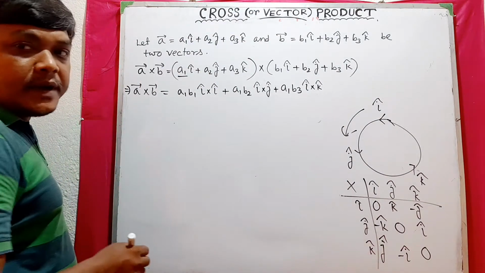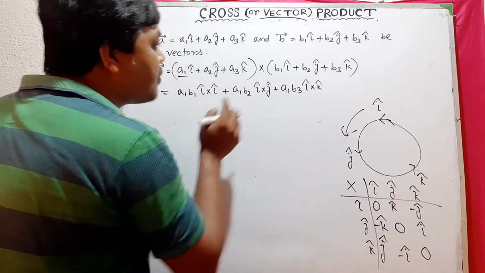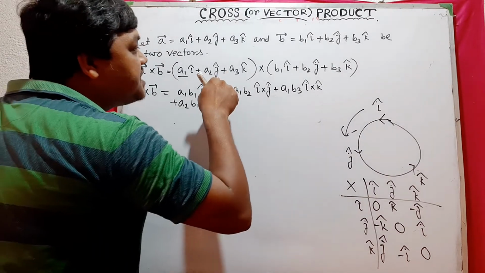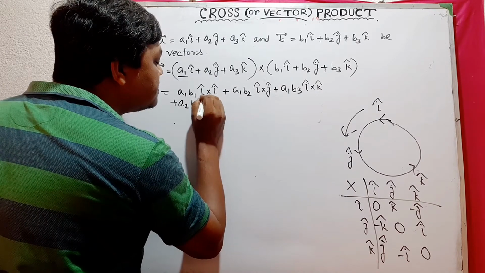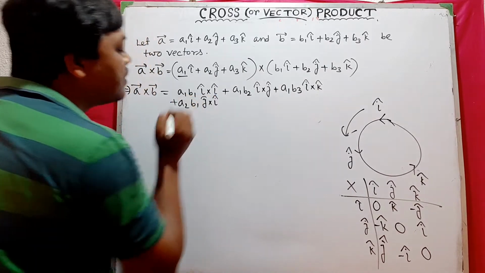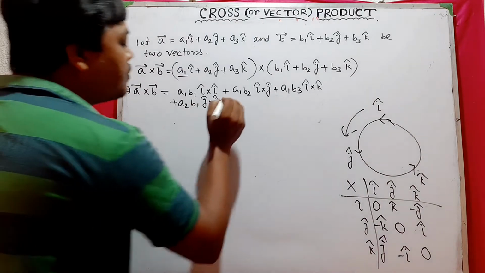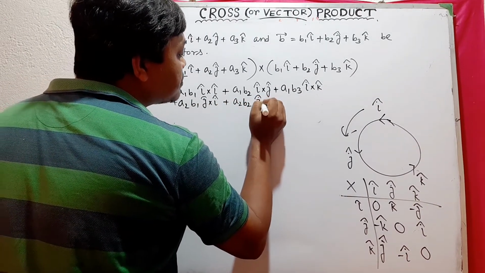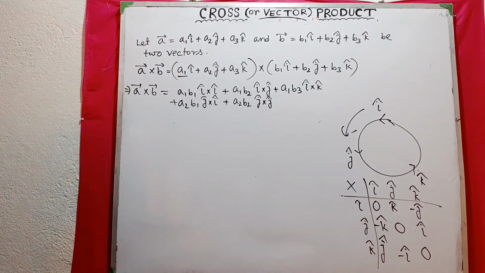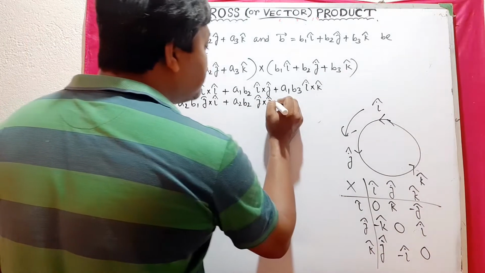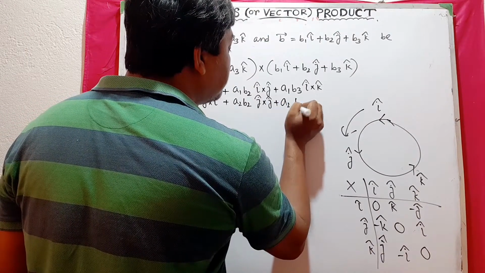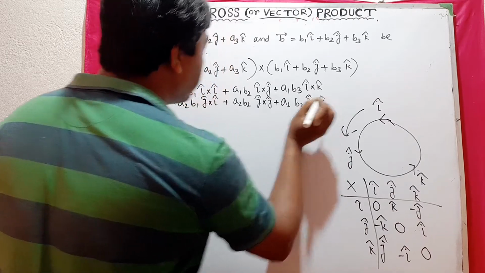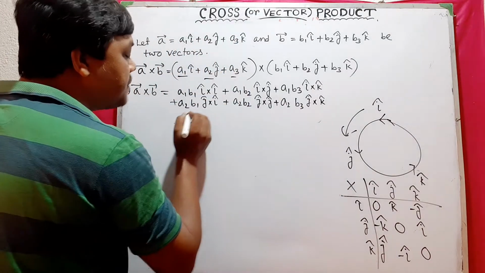A1 এর পুরো কাজটা কমপ্লিট। নেক্সট A2 J cross, A2 into B1 J cross I, plus A2 into B2 J cross J, plus A2 into B3 J cross K. Next A3 part.